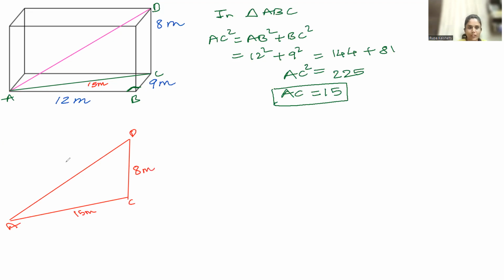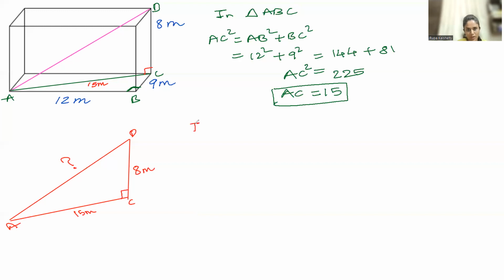Now we have to find out the longest side AD. How do we find it? This DC is a height, so it's always perpendicular to the base. So it's making a 90-degree angle here. So we can draw this angle here also.